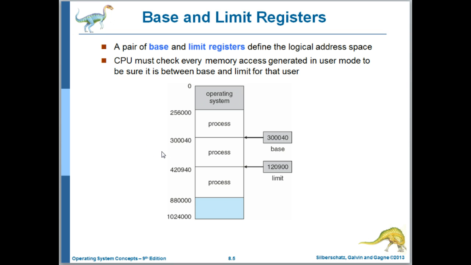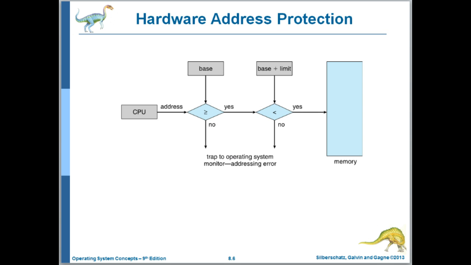Here we're assuming that a process's memory space is contiguous, and you can see that the base register points to the base of that memory space, and the limit is the length, not the address of the last byte of that memory space. So here's how that works.